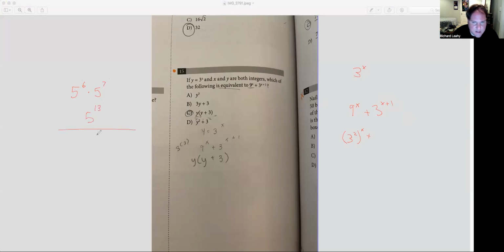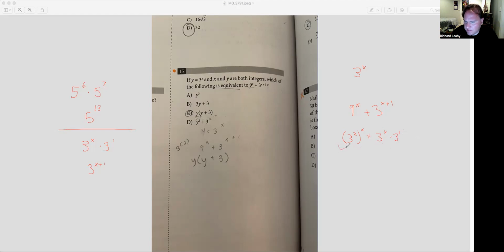So if you have 3 raised to the x and multiply it by 3 raised to any power, say 1, you would add the powers. This is the rule of the exponent. So you have 3 to the x plus 1, and you can deconstruct it and make it into 3 to the x times 3 to the 1.